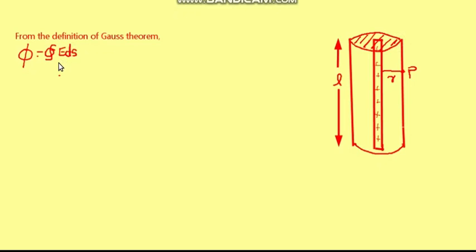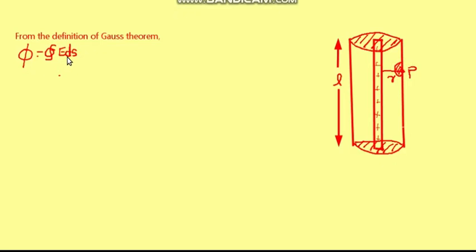And what is this dS actually here? Here the closed integral dS means you consider the total surface area. So that consists of three parts actually. One is this curved surface, and there are two flat surfaces, one above the cylinder and one at the bottom of the cylinder.